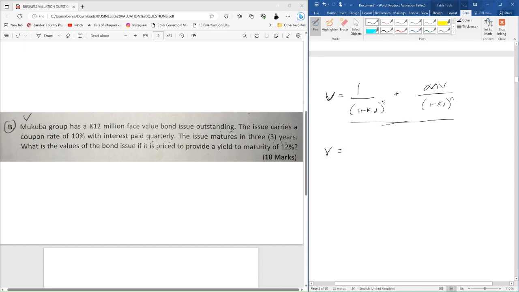And that is using the present value interest factor annuity and the present value interest factor table method.